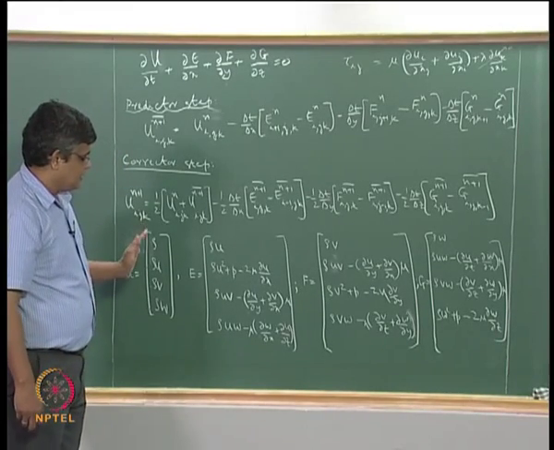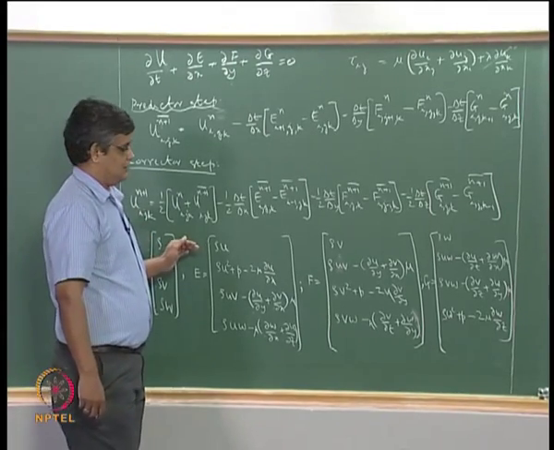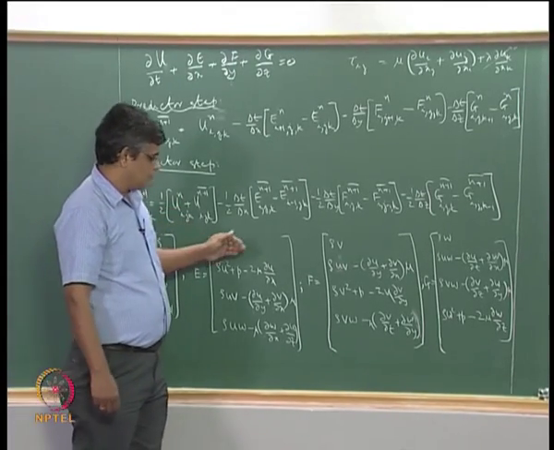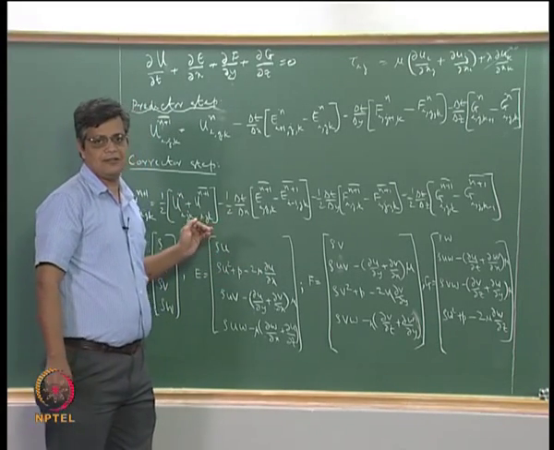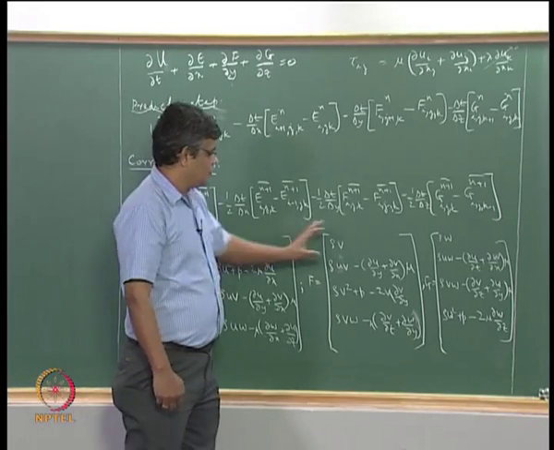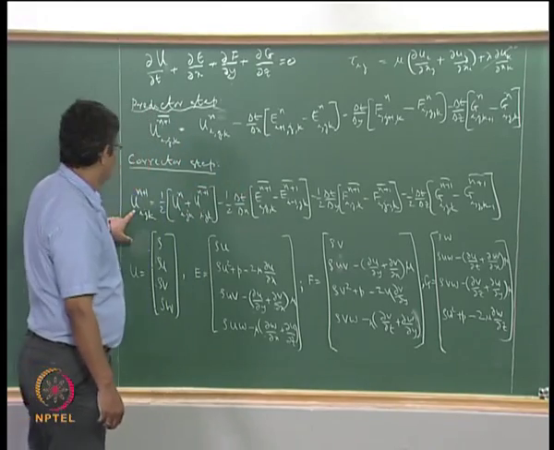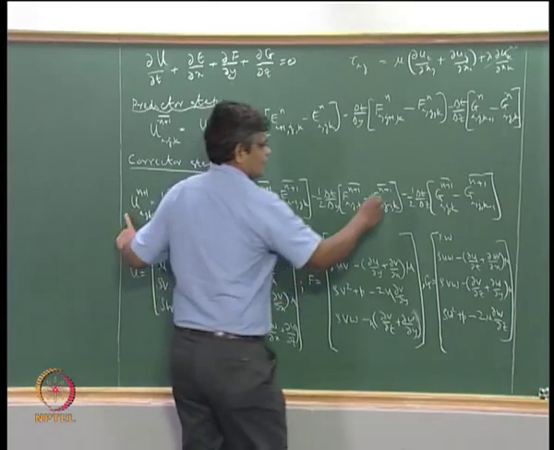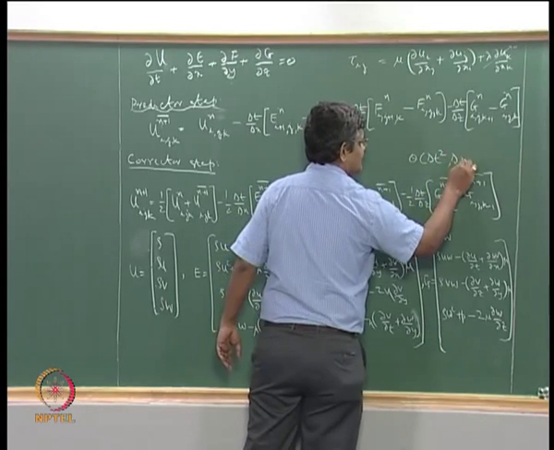So we have to make sure that the consistency of the evaluation of these cross derivatives and normal derivatives is maintained, in order to maintain an overall second order accuracy of this discretization, because the overall evaluation of u ijk is second order accurate in both time and space.